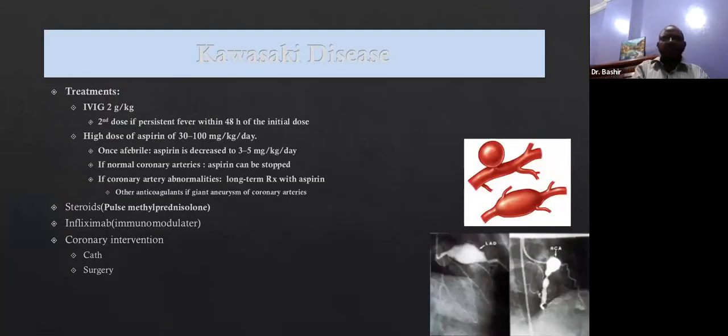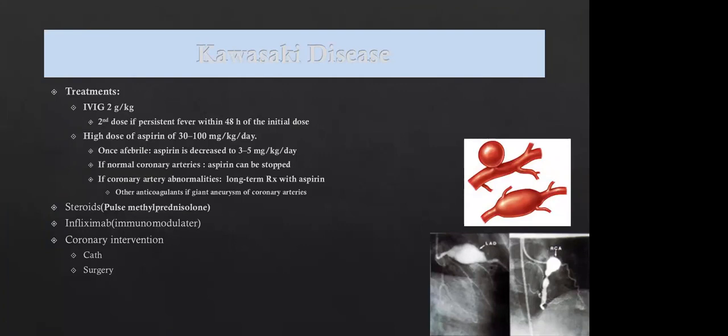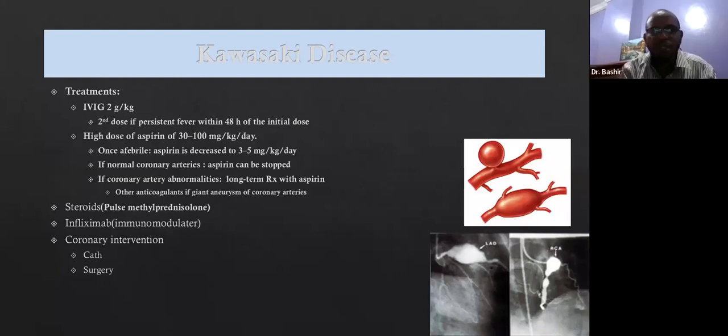Regarding treatment of Kawasaki, all of us agree that if the child fulfills the criteria for Kawasaki disease, we have to start the child on intravenous immunoglobulin, single dose, 2 grams per kg over 8 to 12 hours. And then we also start anti-inflammatory high dose aspirin.